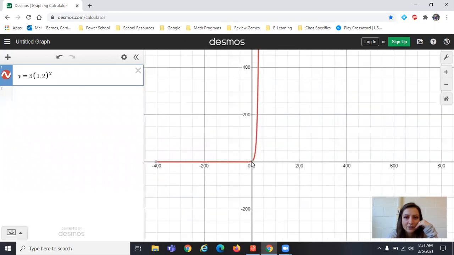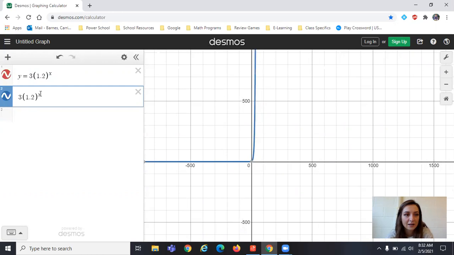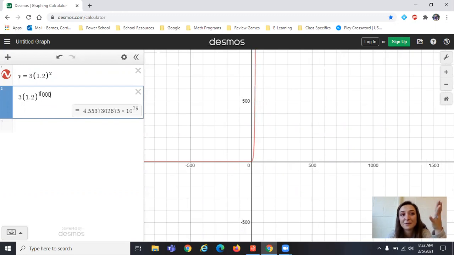That's the first thing that I noticed. And then it's just getting exponentially large over here, hence exponential. It looks like it stops about right here on the x-axis, but it actually doesn't. It keeps going forever. And you can see that by just typing in some values. So if I try like 1,000 up in the x, it will still give me a number. It's a huge number because that's multiplying by 1.2 1,000 times.